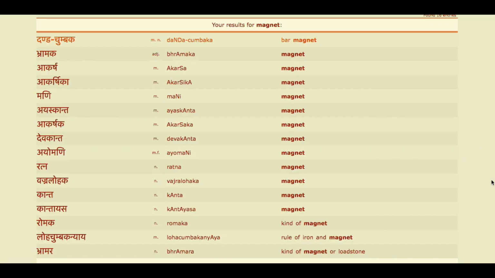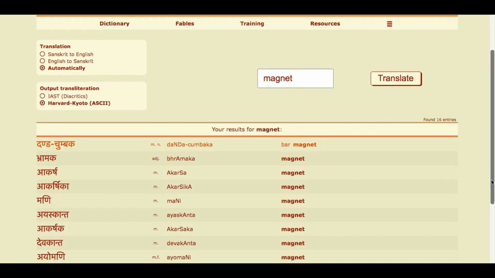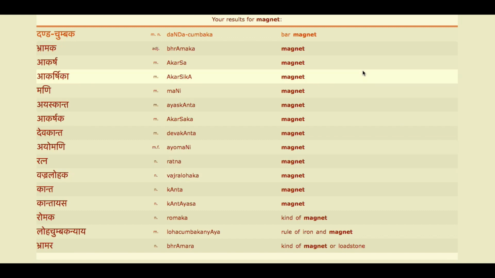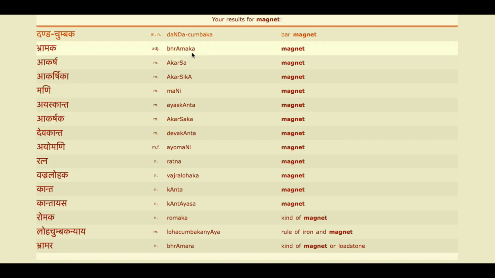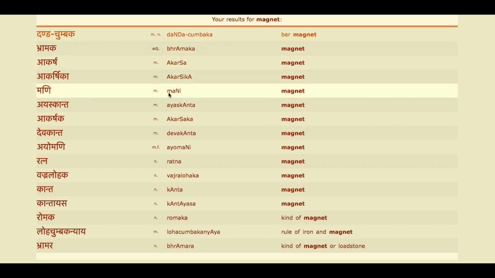So how do you say magnet in Sanskrit? Okay, let's go for it. Magnet in Sanskrit. There's so many words, right? Like with anything. But let's see which ones may shed some light on the subject. They call it Kumbhaka, Brahmaka, Akarsha, Akarshika, Mani. Remember, Mani also means a precious jewel, a precious crystal.